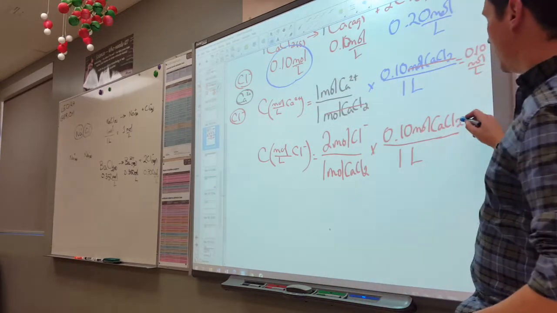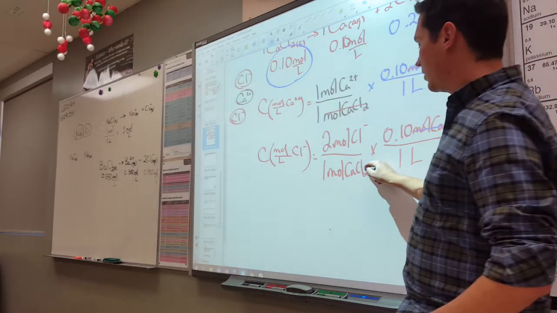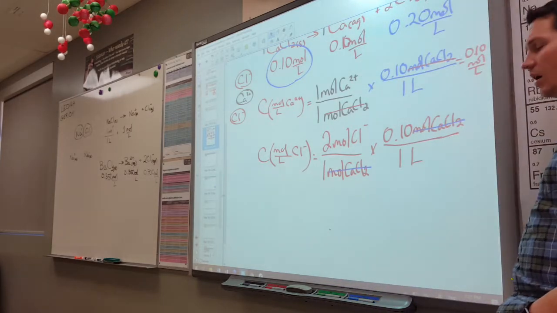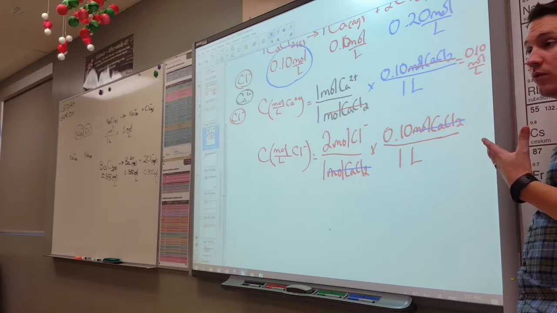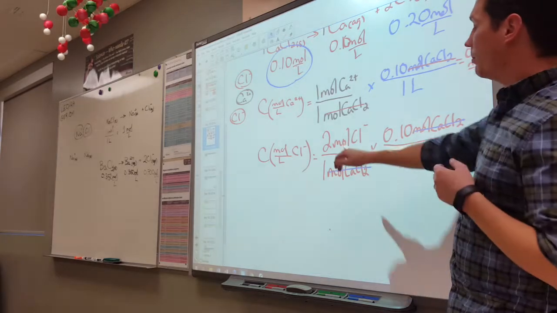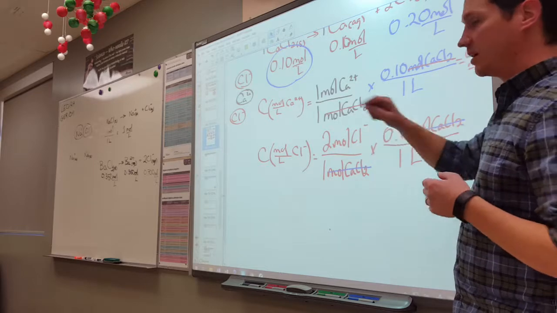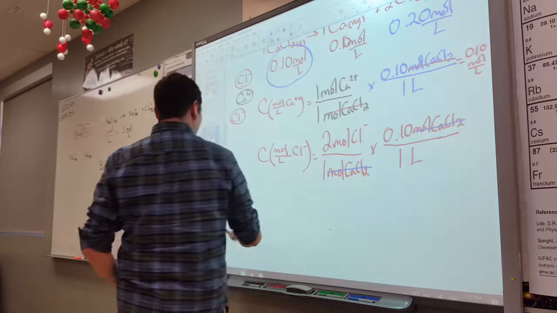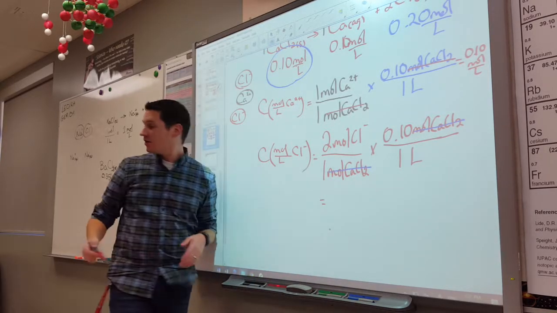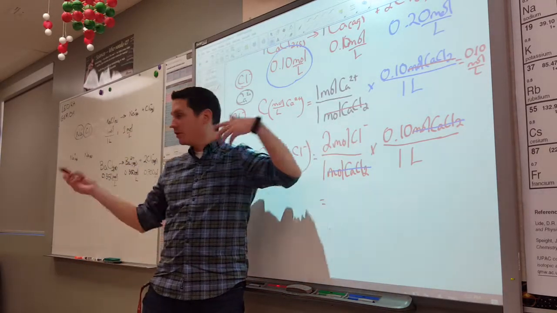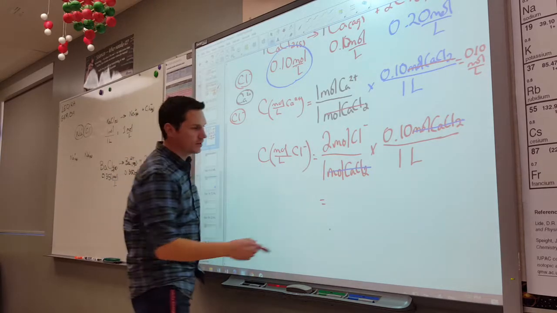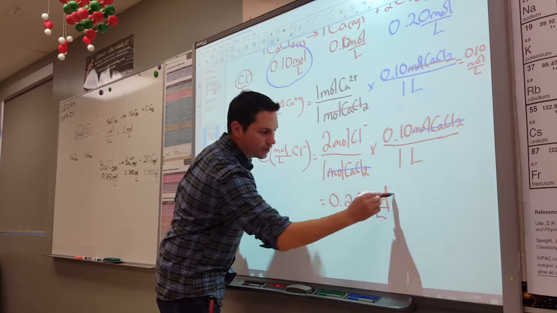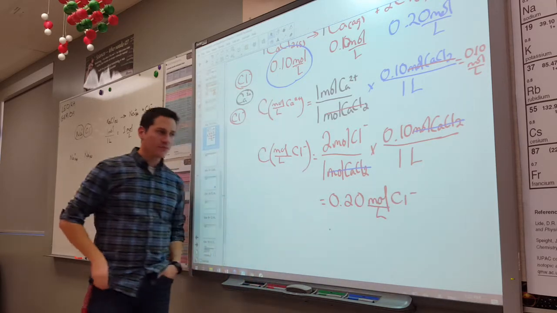And what we end up getting is moles of calcium chloride and moles of calcium chloride cancel. What are the units that we're left over with? Moles per liter of what substance? Chloride. So when you do this on your calculator, 2 times 0.1, 0.2 divided by 1, so 0.20 moles per liter of chloride.